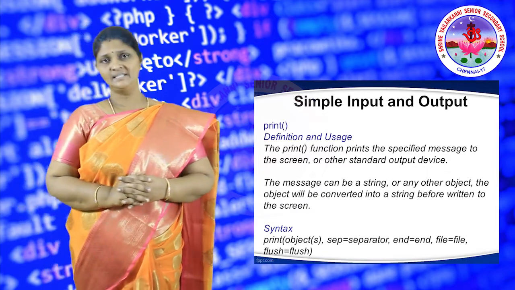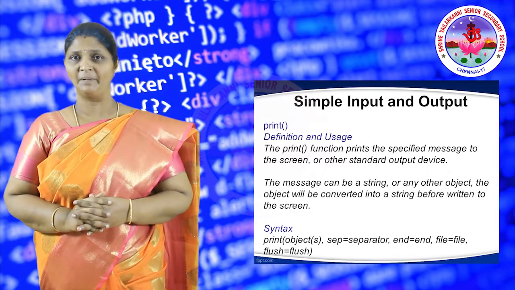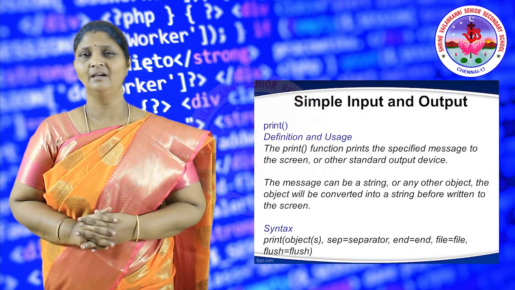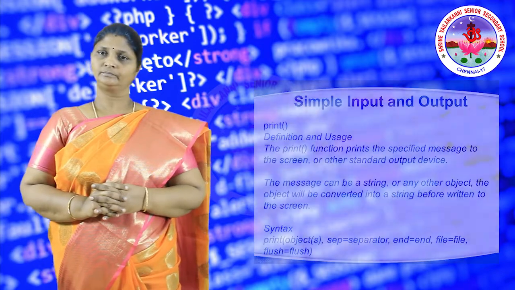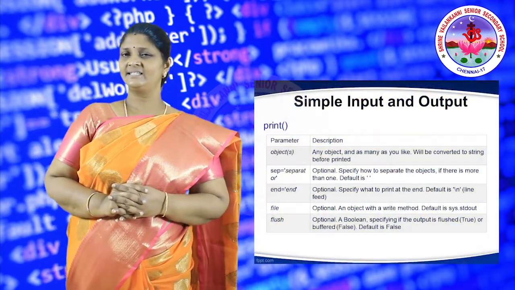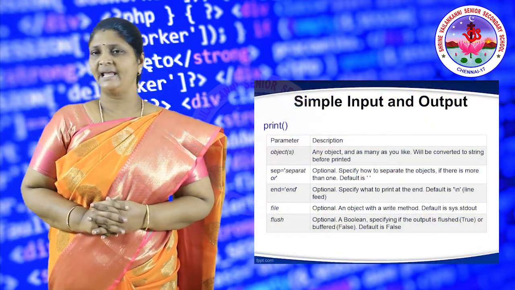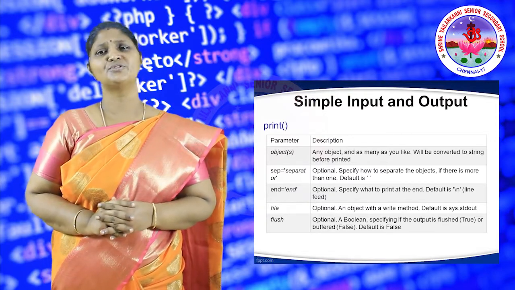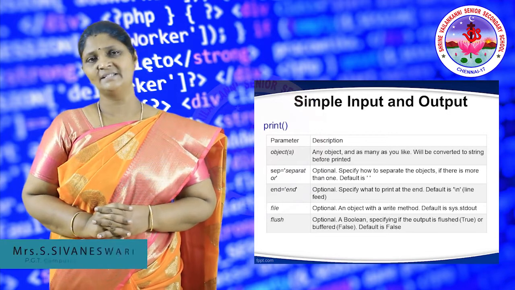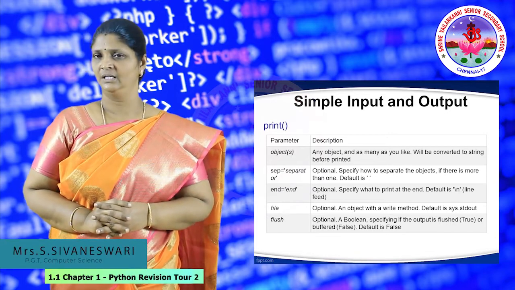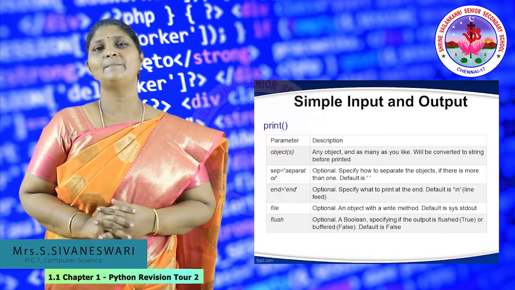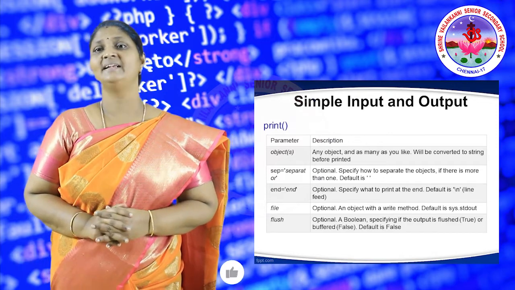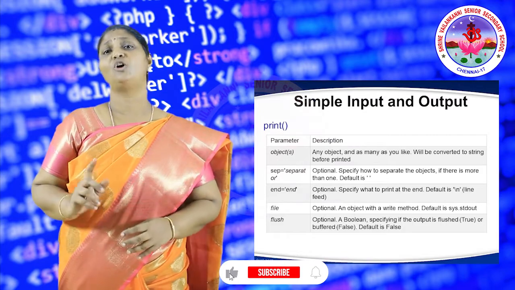Syntax: print, and inside we have so many parameters: objects, separator, end, file and flush. The parameter list with objects, any object, as many as you like, will be converted to string before printed. And comes the separator, that is sep, which specifies how to separate the objects.